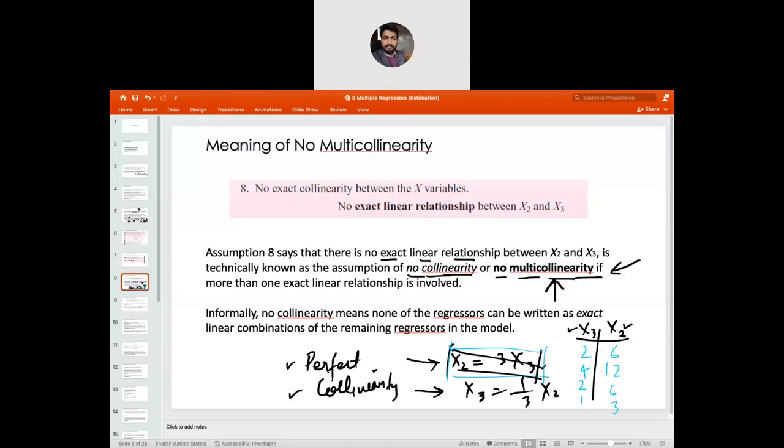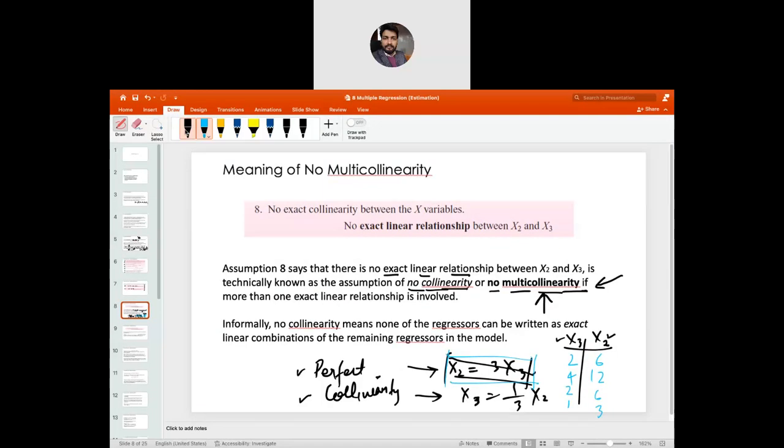So you can perfectly and exactly get x2 from x3, right? And this is something which violates the assumption of no multicollinearity.